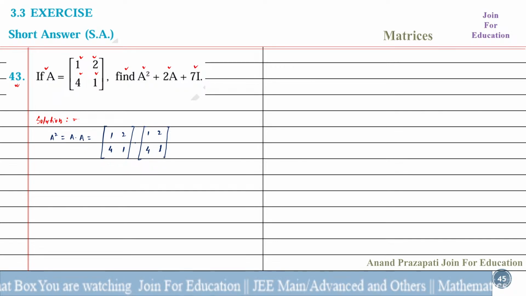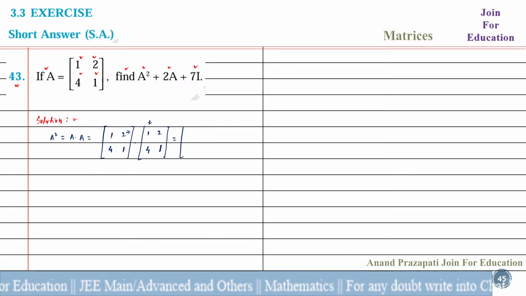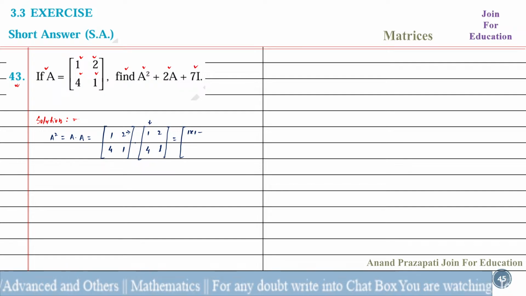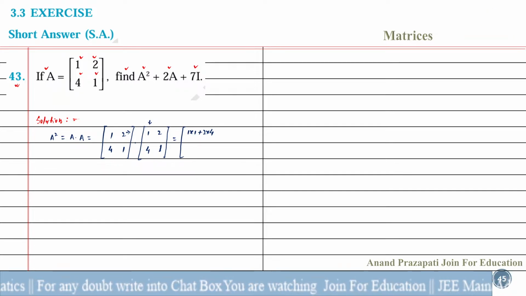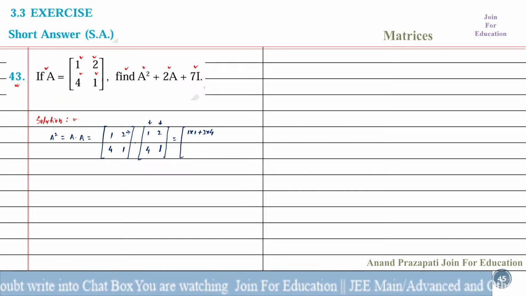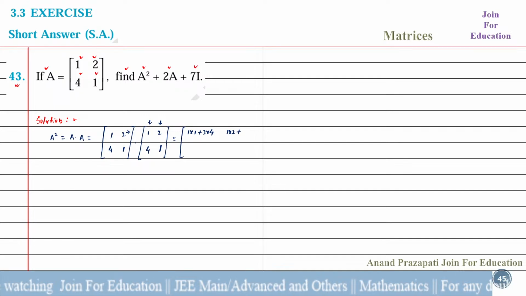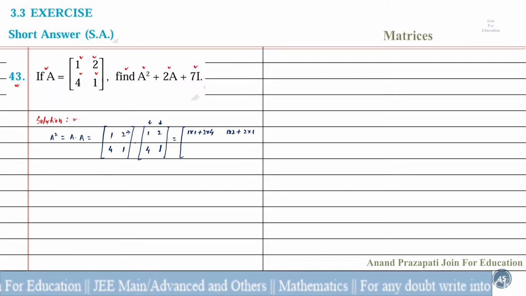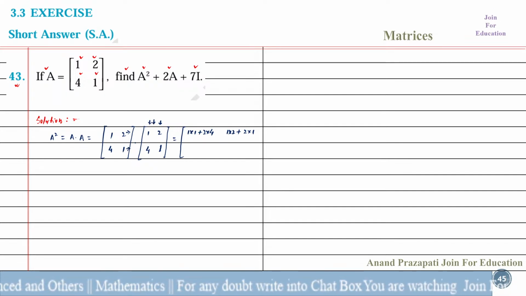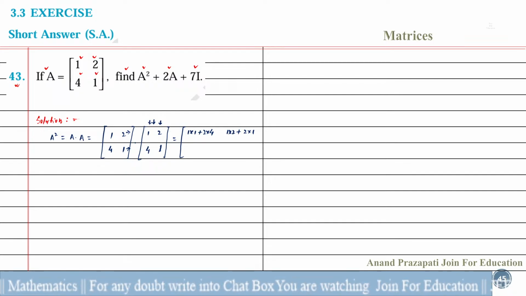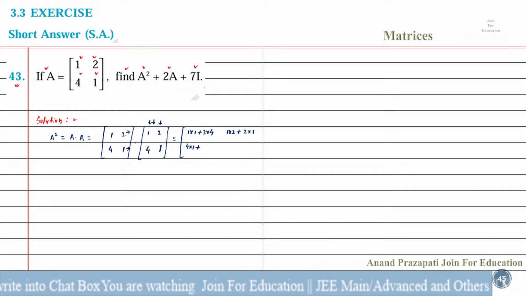Then we get first row by first column, 1 into 1 plus 2 into 4, and first row by second column, we get 1 into 2 plus 2 into 1. Hope there is no problem to understand up to this step. For second row by first column, we get 4 into 1 plus 1 into 4.